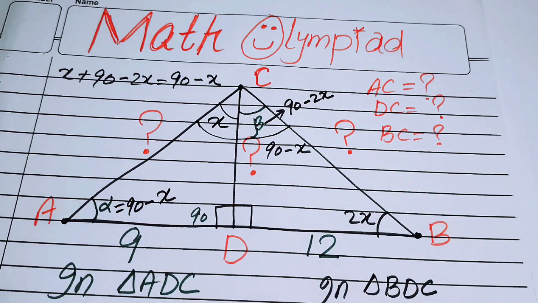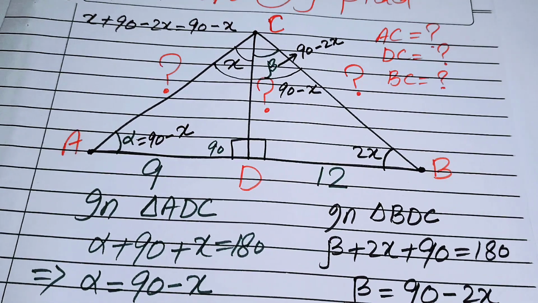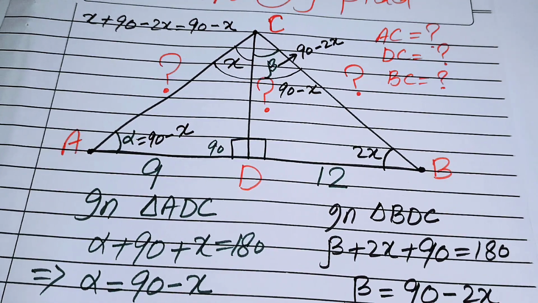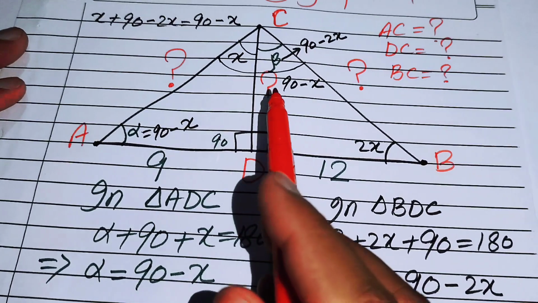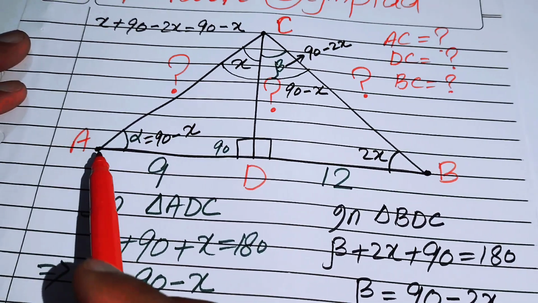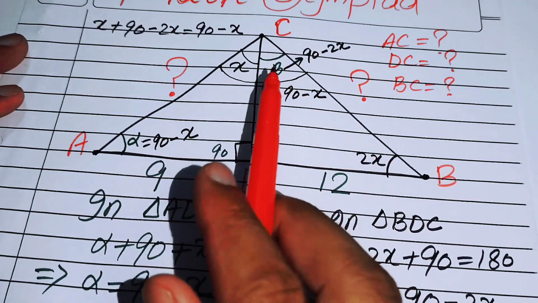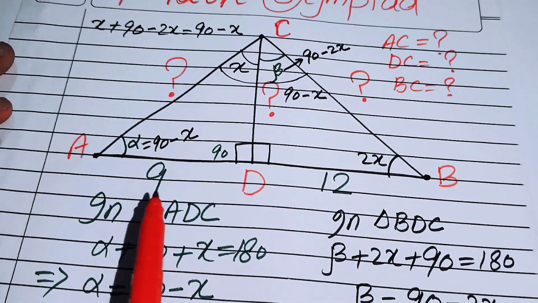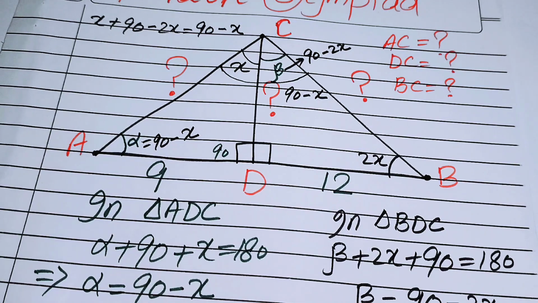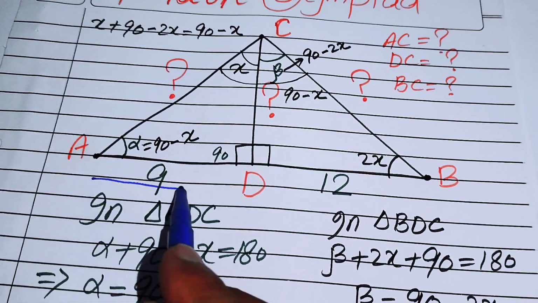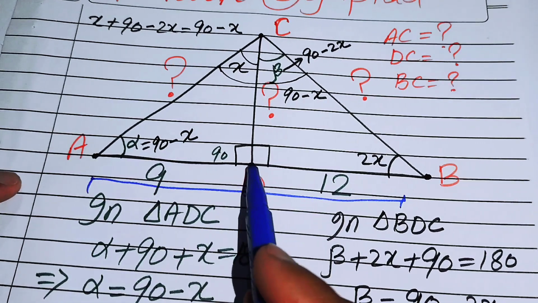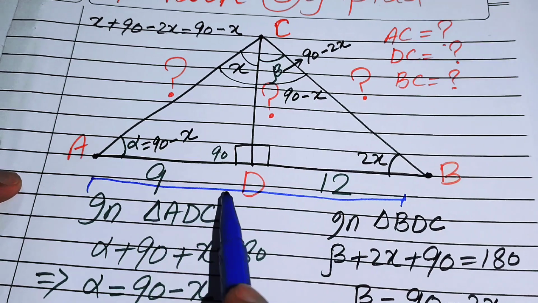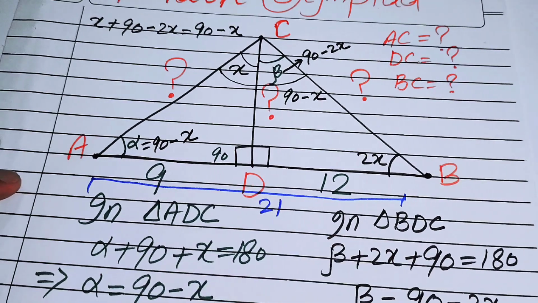And now here you see that we have the triangle ABC. The angles in the triangle ABC are 90 minus x, and this is also 90 minus x. So the triangle ABC is an isosceles triangle because its two angles are the same. Because the length of AD is 9 and the length of BD is 12, the total length is equal to 21.